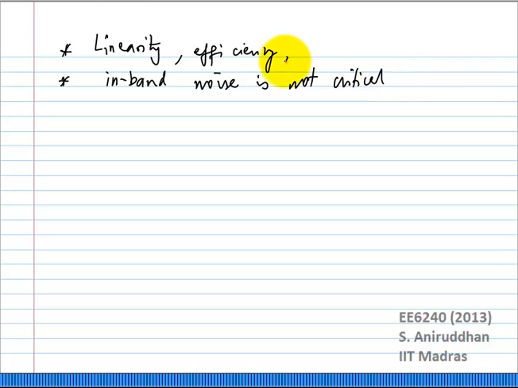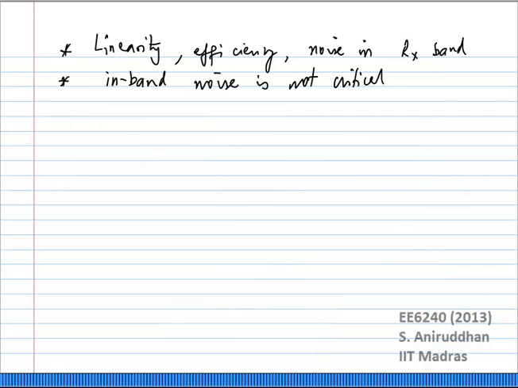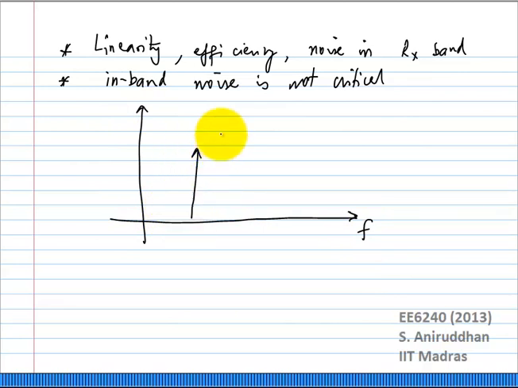Now there is one more parameter which is important, which is the noise in the receive band. What do I mean by noise in the receive band? We talked about the finite isolation from the TX to the RX. Even if the RX frequency is offset from the TX frequency, let us say I was not transmitting any information, I was just trying to transmit a single tone.